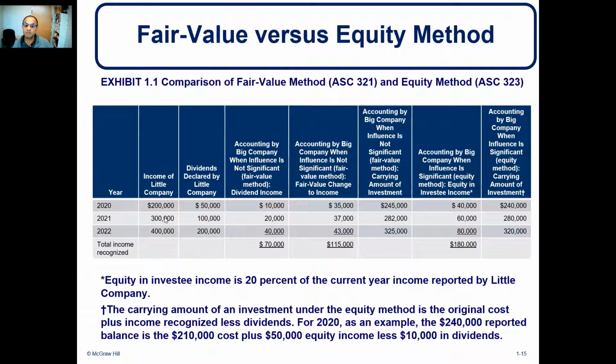From each one of these amounts, we recognize 20% if we have influence on the company. So 20% is a very critical percentage because we say less than 20% we use fair value, 20% and above we use the equity method. So 20% is a very critical number.